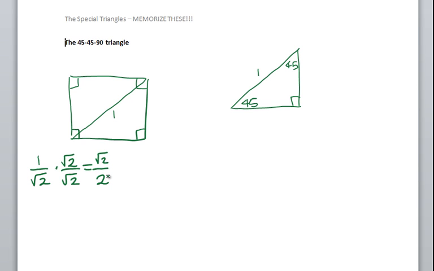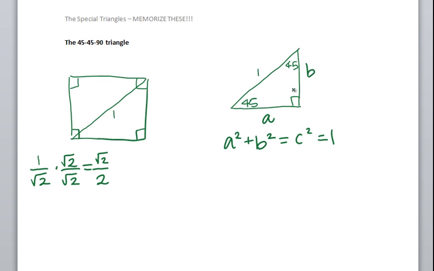Okay, so we have a right triangle, and it's actually an isosceles right triangle, right? Because the base angles are the same, meaning that our side A and our side B are the same, right? So if we start with our Pythagorean theorem, we have that a squared plus b squared equals c squared, which in this case is 1.